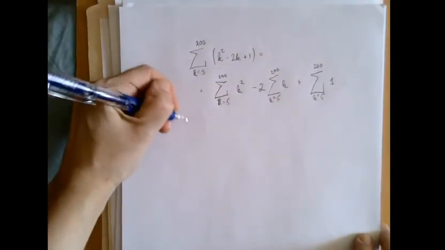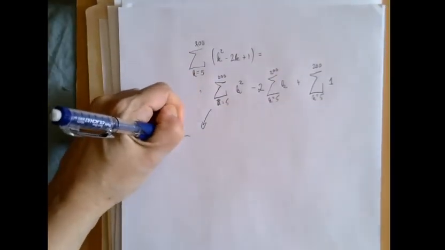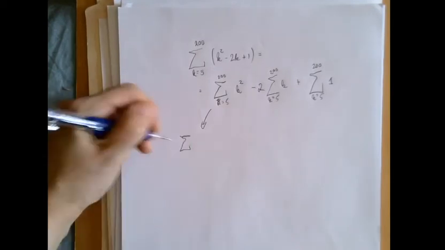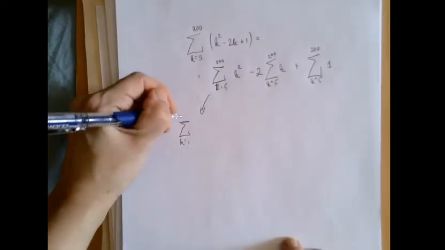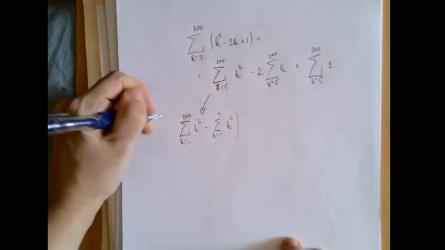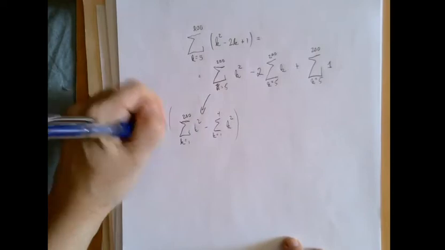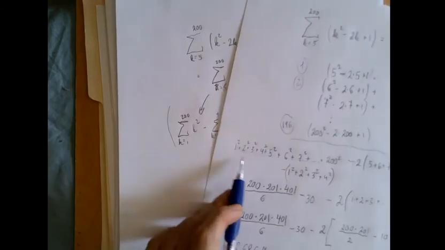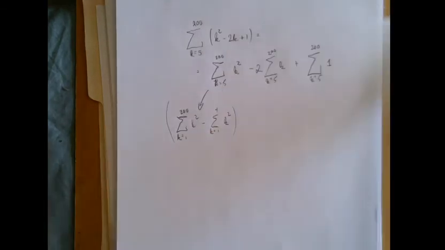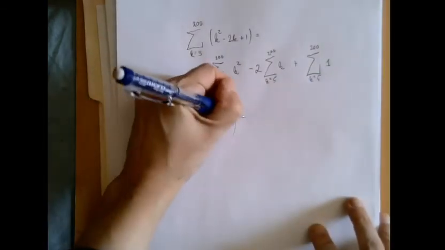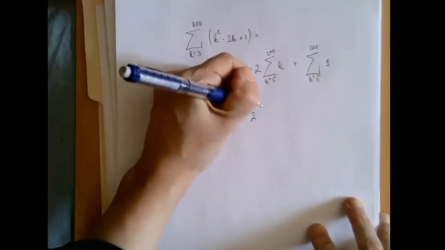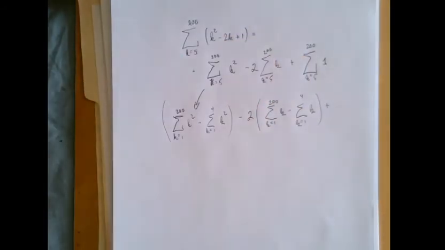So we could say, but we're not going to repeat the computation. This is the summation from k equals 1 to 200 of k squared minus the summation k equals 1 to 4 of k squared. Right? This is how we add and subtract the beginning that we need for the formula. And so on, minus 2 times the summation k equals 1 to 200 of k minus the sum from 1 to 4.